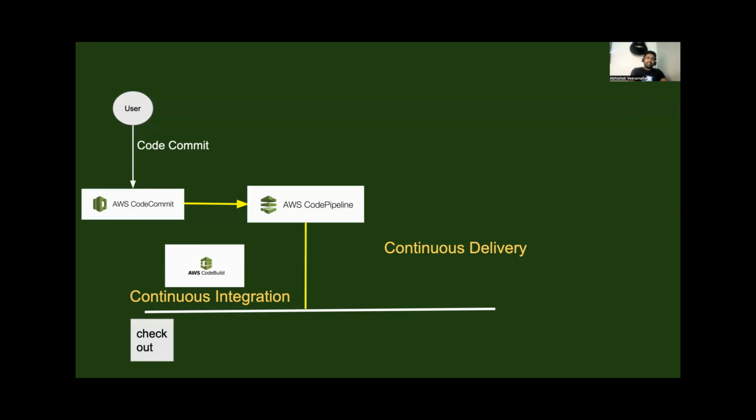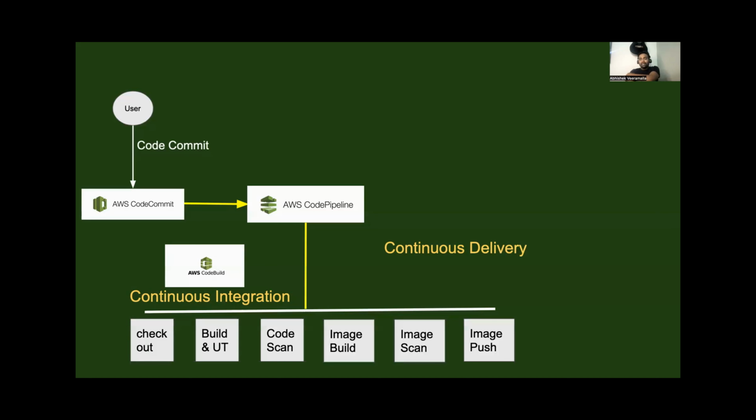So mostly, of course, you can write some scripts as well, but mostly what people do is they make use of this AWS CodeBuild to implement all the stages. You can also ignore AWS CodeBuild completely and write some scripts, but mostly the followed approach is people use AWS CodeBuild, and CodeBuild is responsible for all these continuous integration stages.